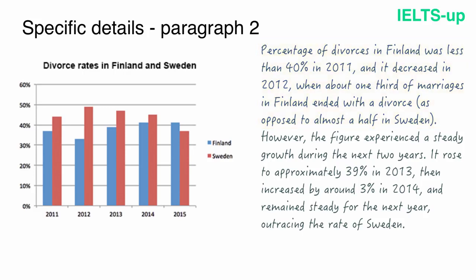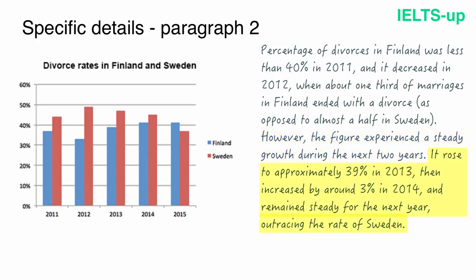Then, from 2013, Finland's rate changes in opposite direction. It starts increasing. So I start the next sentence with the word "however" and say, "However, the figure experienced a steady growth during the next 2 years."